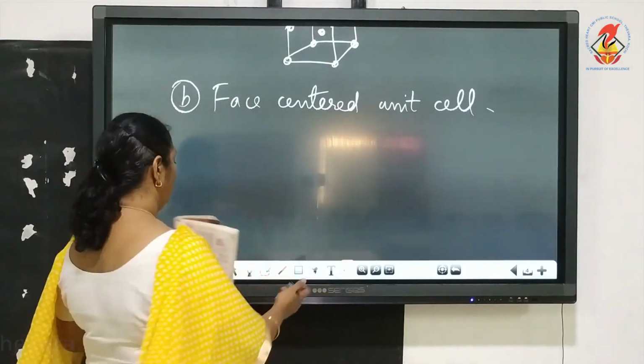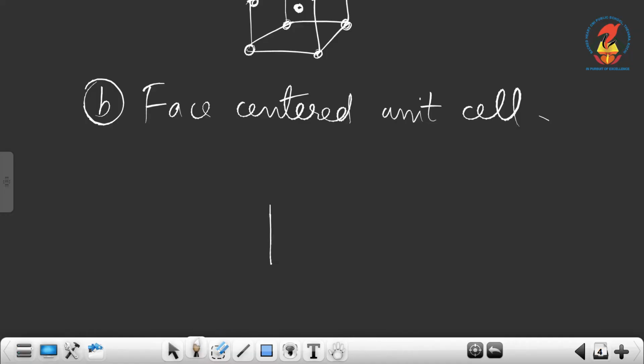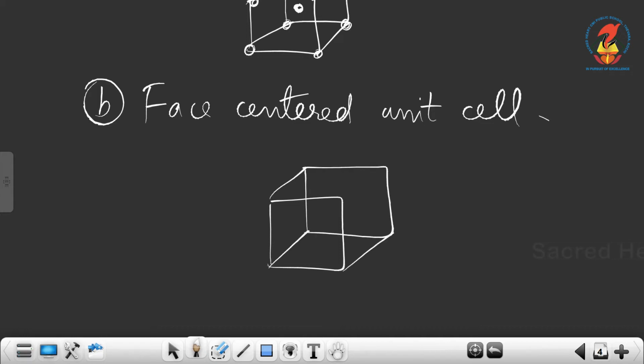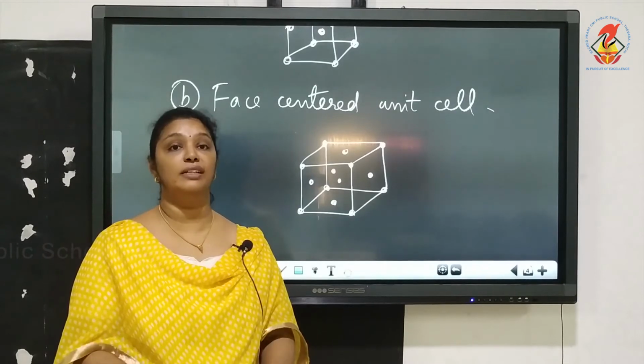So when you draw the face centered unit cell, we have the constituent particles at the corners and also at 6 faces. This is 1, 2, 3, 4, 5 and 6. Both on opposite sides, opposite faces. So this is face-centered unit cell.